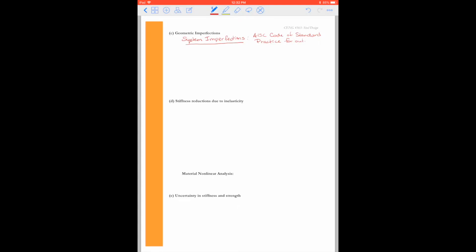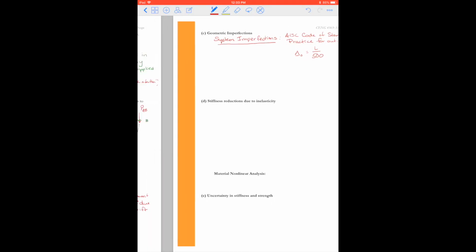for out of plumbness of a structure. Their standard code of practice is that delta 0 is L over 500, or the length of a column over 500. What does that mean?